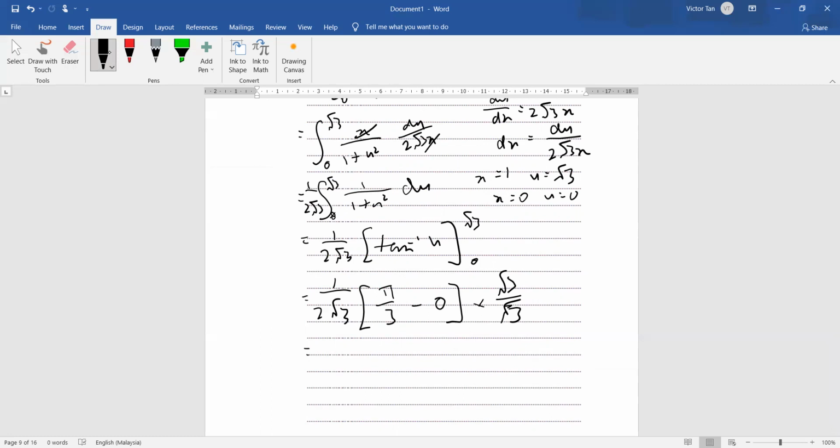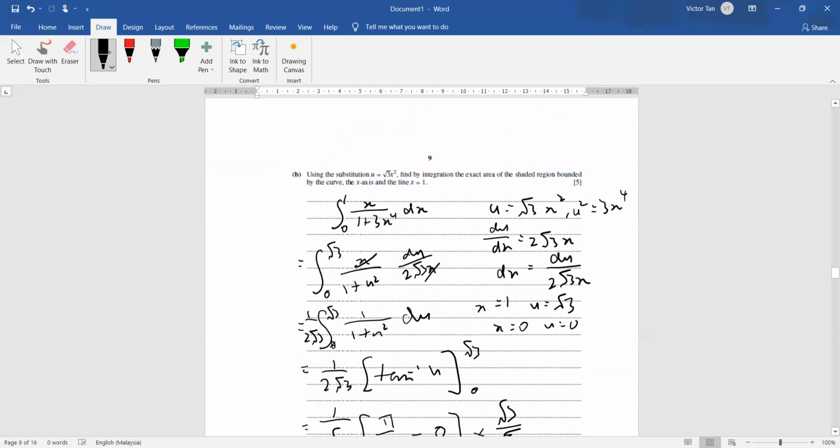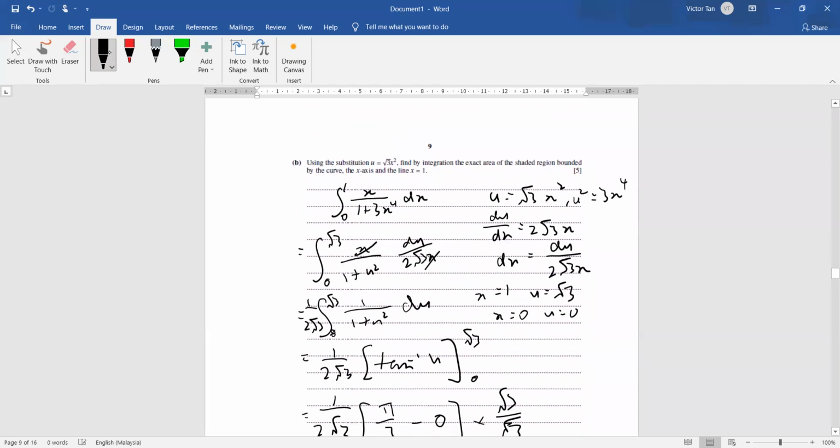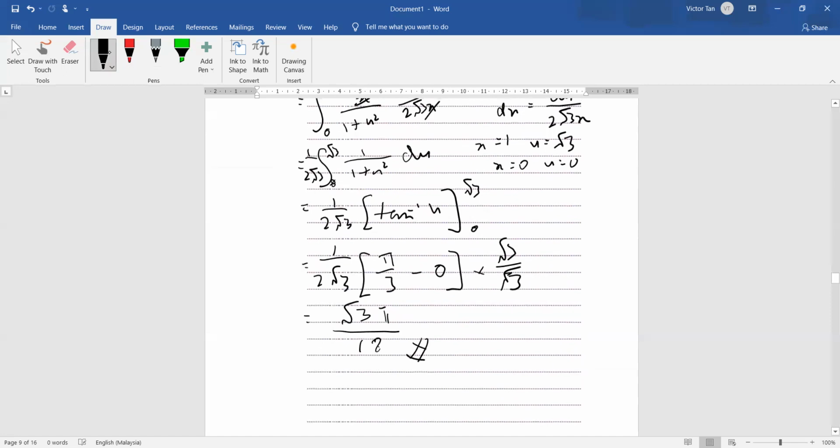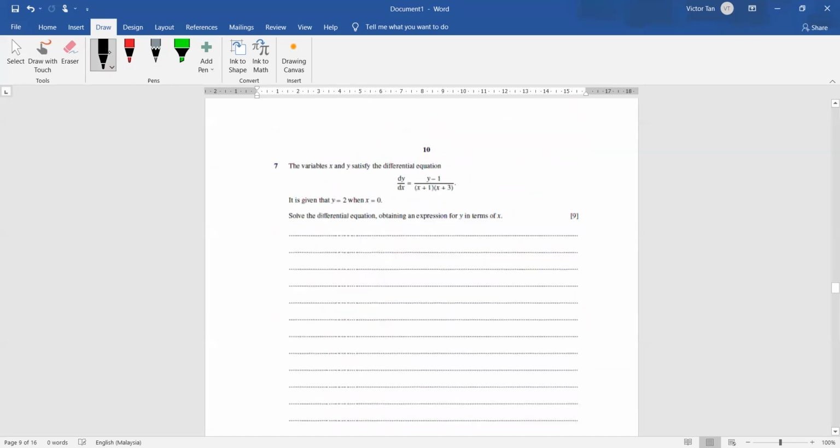So basically you have root 3 over, so this is 2 times 3 times 3, like 18. That's your answer. Okay, exact area. That will be the exact area, so I need to put units squared.